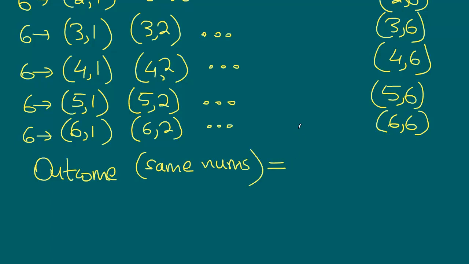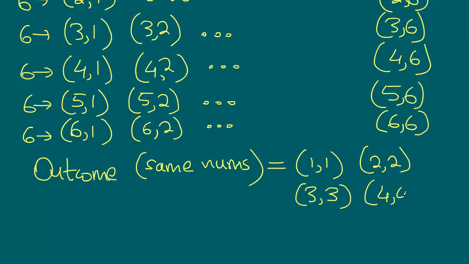What are those outcomes? Well, 1, 1 is an outcome. 2, 2 is another outcome. 3, 3, 4, 4, 5, 5, and 6, 6. So the outcomes when we have same numbers on both dice, these are the ones.